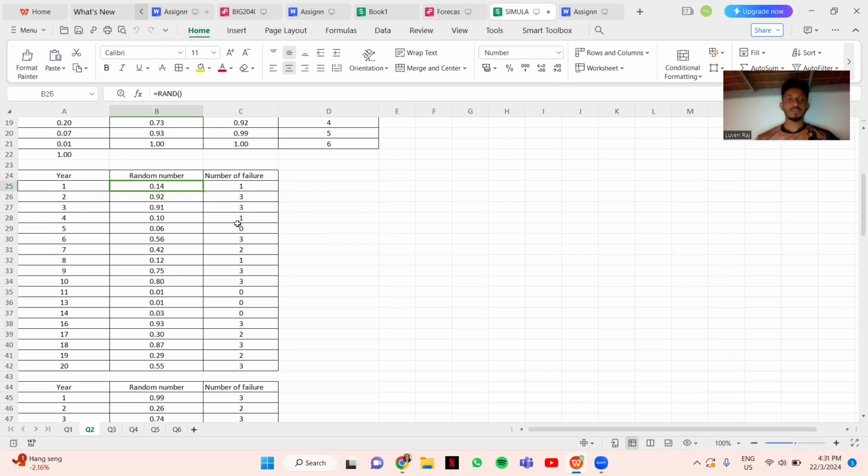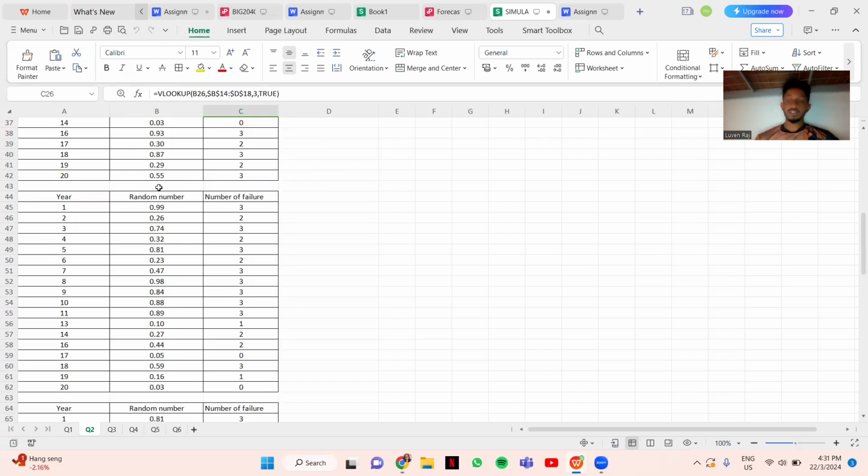As I said before for question 1, I used the formula equal RAND and brackets. Then these are the number of failures. As I mentioned before, I used VLOOKUP for all of this. We have to do the random numbers 5 times, so we do the same thing using the formula 5 times.